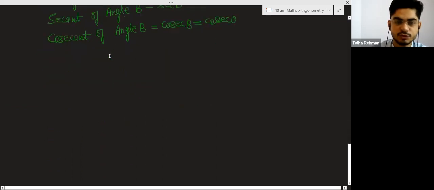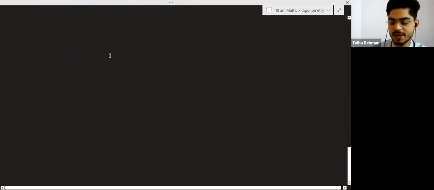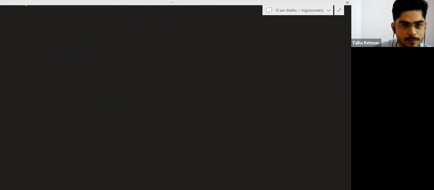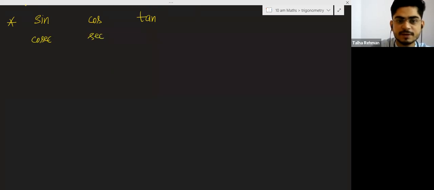So how many terms do you have? Now see here. First term you have is sine, cos, another is cos, you have tan, and you have cosec, sec, and cot.